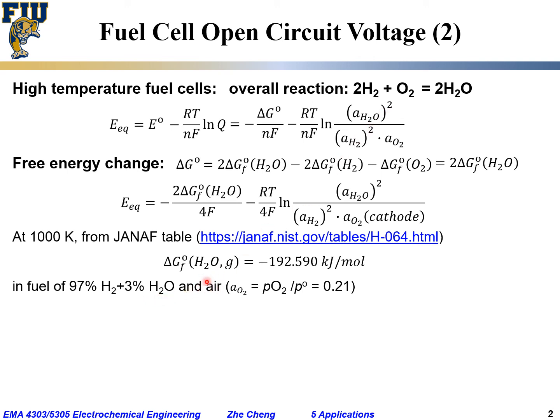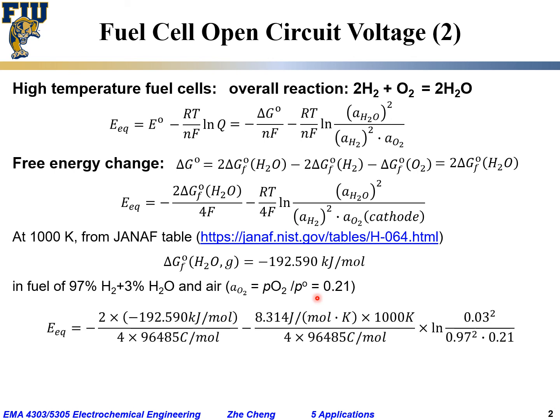The oxidant would be air, which means the activity for oxygen would be just the partial pressure of oxygen divided by the standard pressure, around 0.21. Okay, with this information we can calculate the equilibrium cell potential.